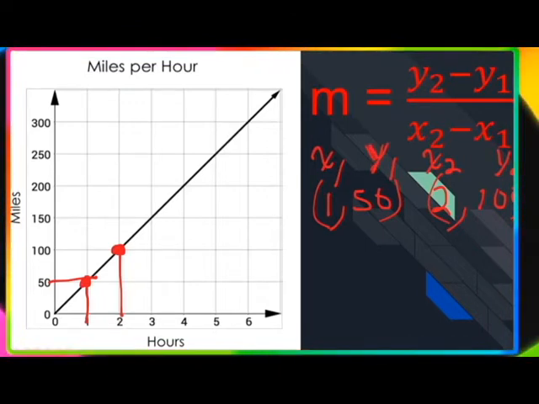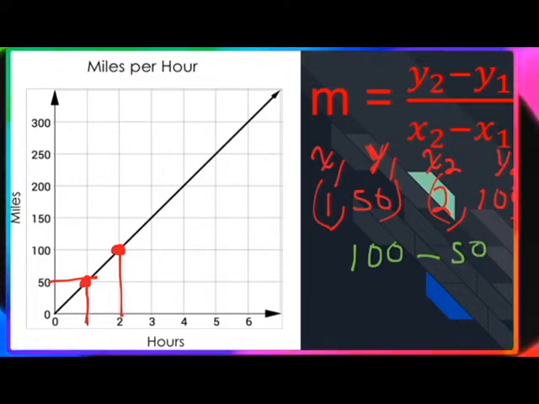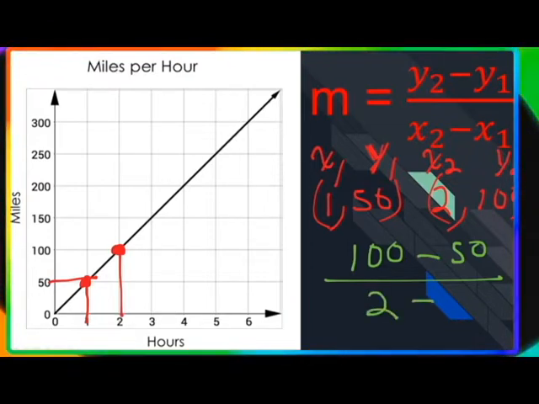So now all you have to do is what? Plug it in. y2 was 100, y1 is 50. x2 is 2 minus x1 is 1.